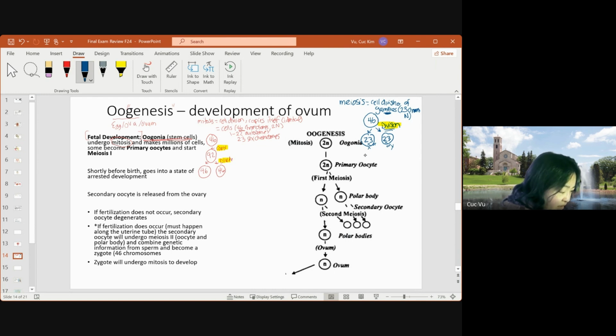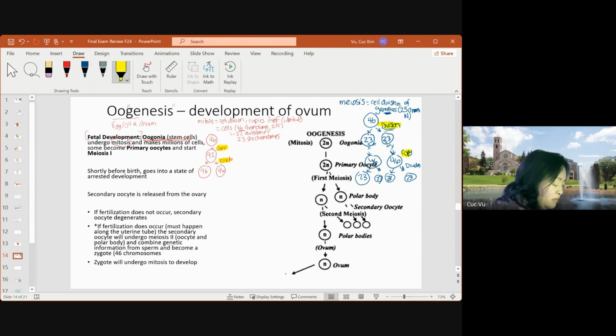Now once it's here, it's going to copy itself and become 46 again temporarily before it divides again. So in meiosis, you have a division followed by a copy followed by a division.